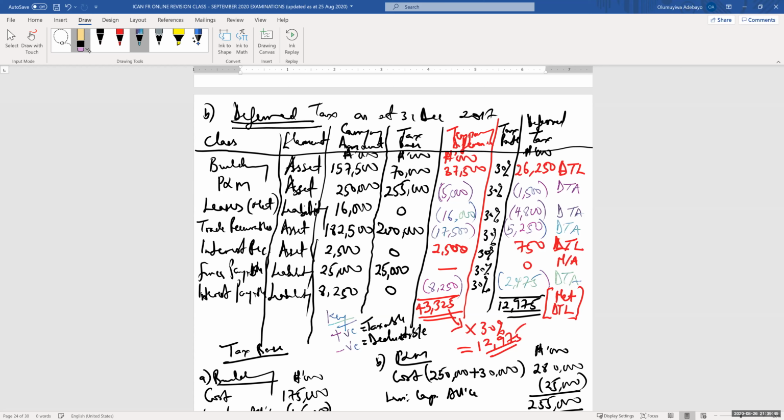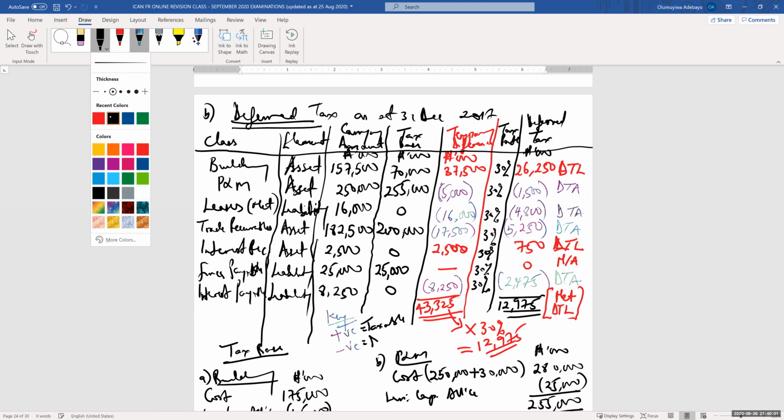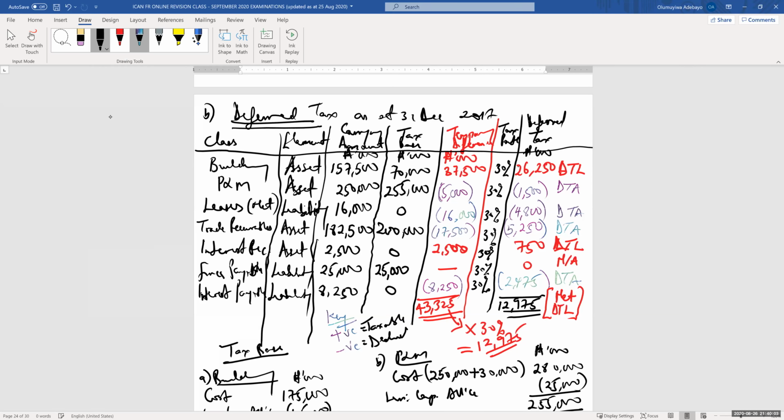Okay, sir. There are two forms of temporary difference, which is what I'm doing here: deductible and taxable.